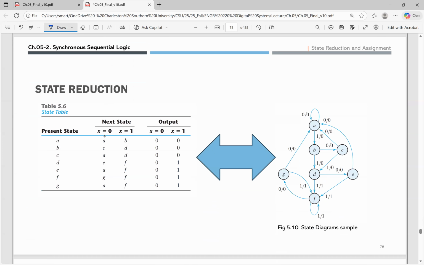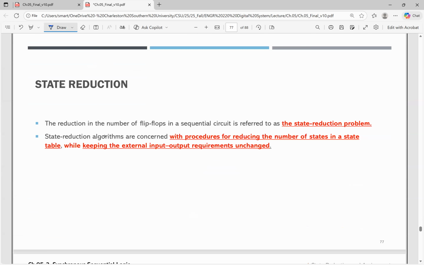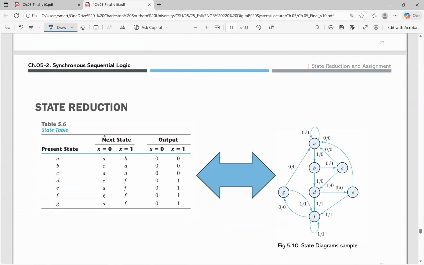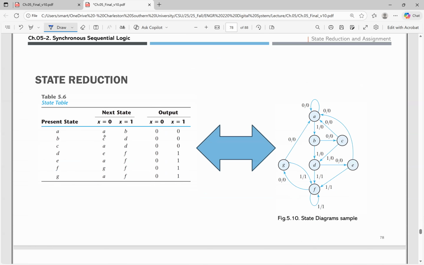Okay, state reduction. Some students have been confused about this one. That was, let's say, okay, but that was the given. From the given state table, we can draw, for example, the present state and next state, A to A, and 0 to 0.